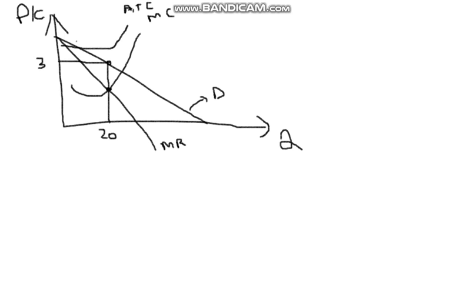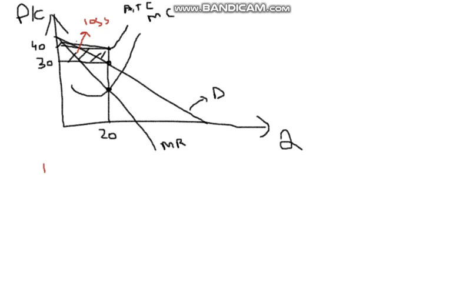Assuming it is charging a price of $30 and the average total cost at that specific quantity is $40, the rectangle area is the loss the firm is bearing.